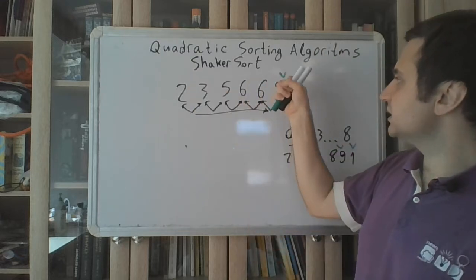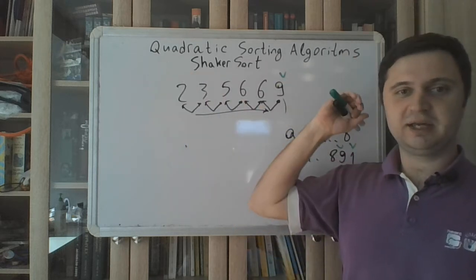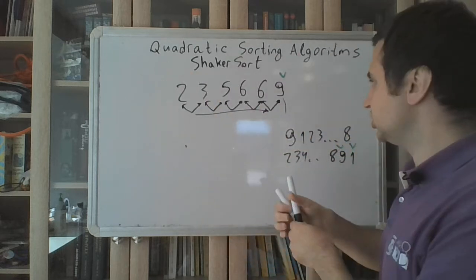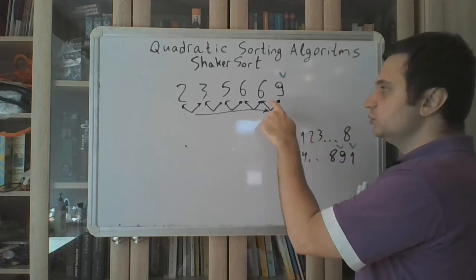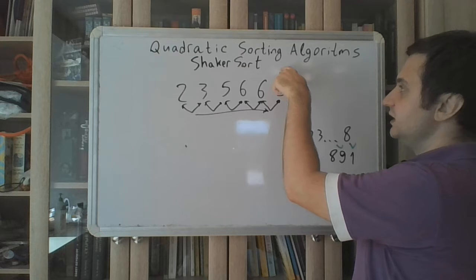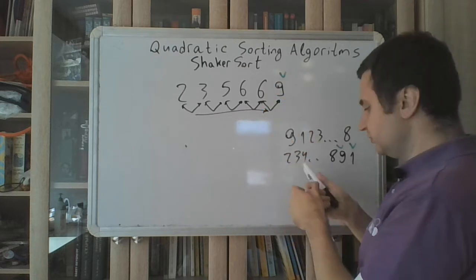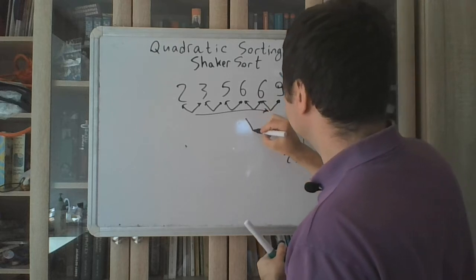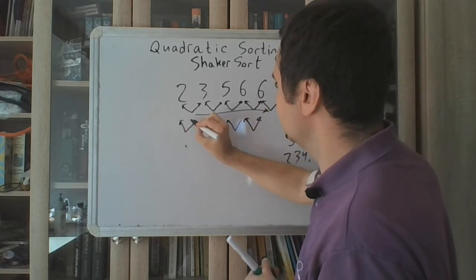The maximum is indeed put into this position. And now it's time to do my hand goes right to left in shaking the cocktail. So let's do it right to left. Do we need to do this comparison? No, this is already set perfectly, so there is no need to do this comparison. We do these four comparisons, right to left.